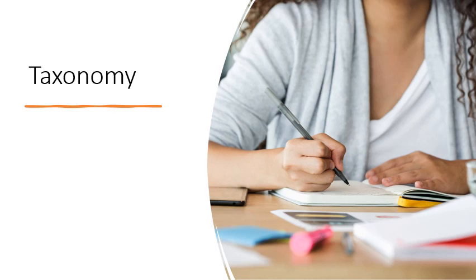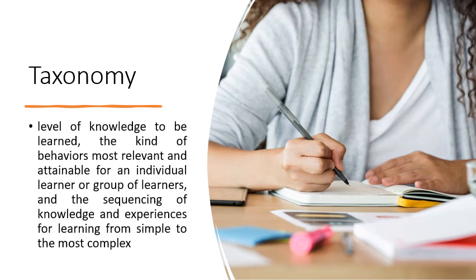This concept of taxonomy, that is, the ordering of these behaviors based on their type and complexity, pertains to the level of knowledge to be learned, the kind of behaviors most relevant and attainable for an individual learner or group of learners, and the sequencing of knowledge and experiences for learning from simple to the most complex.